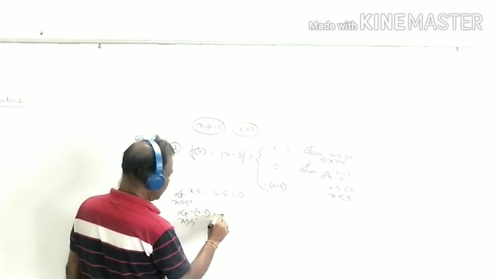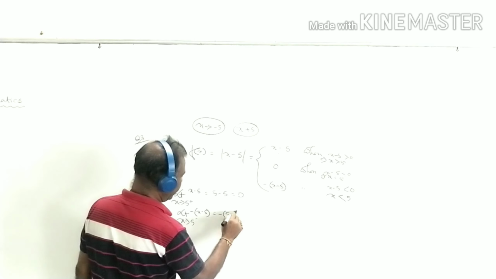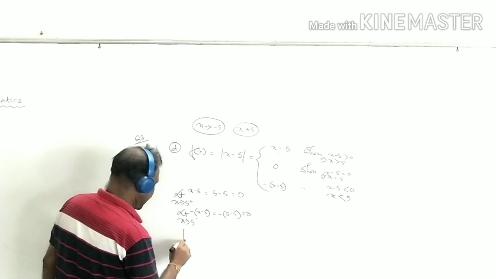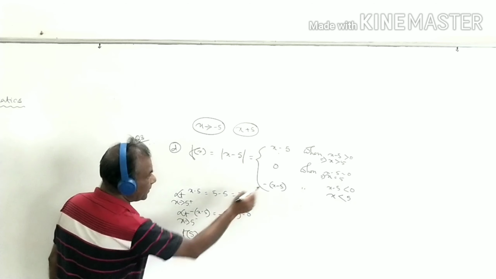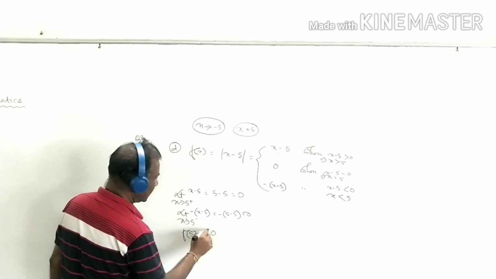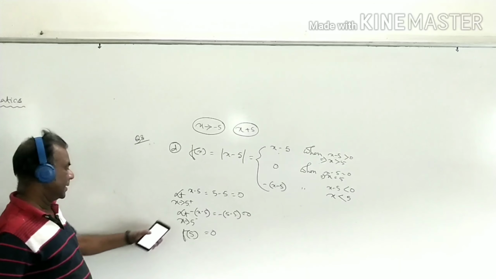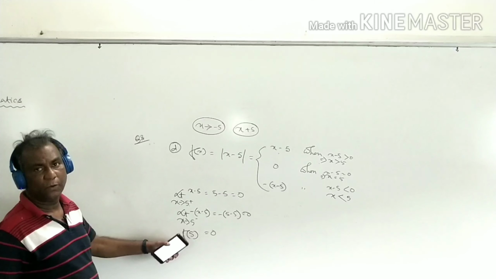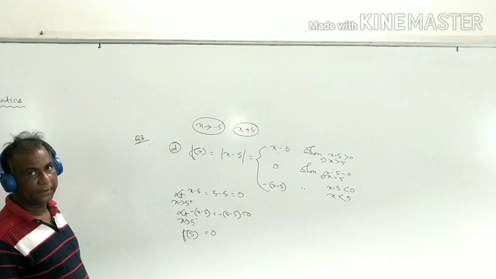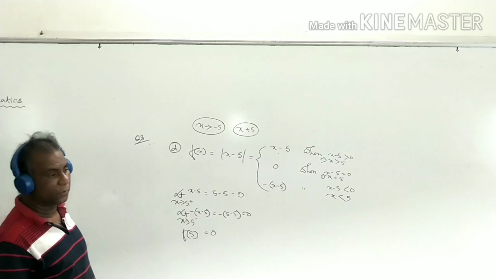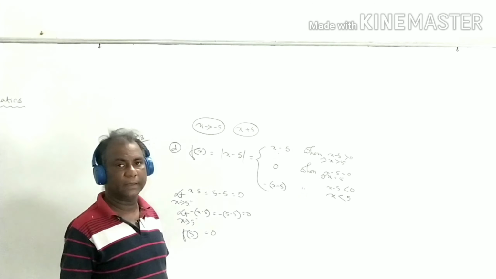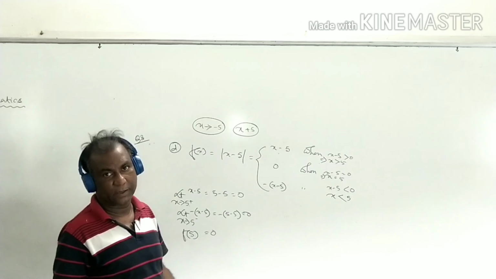So it will be minus of 5 minus 5, which equals 0. And at x equal to 5, the value is 0. So left hand limit equals right hand limit equals functional value at x equal to 5. So we can say the given function is continuous at x equal to 5.